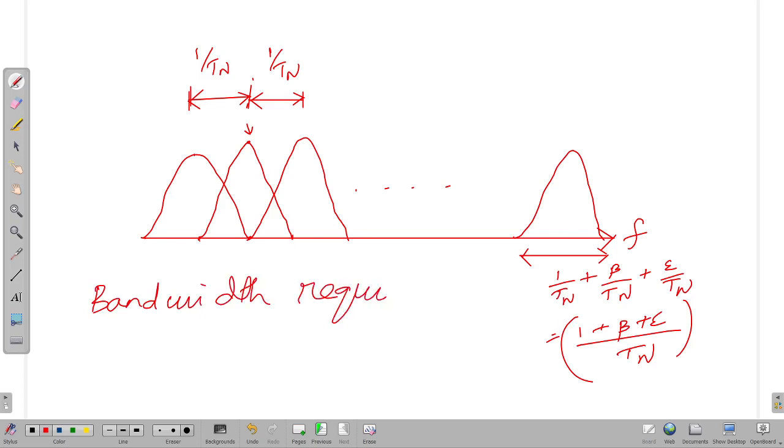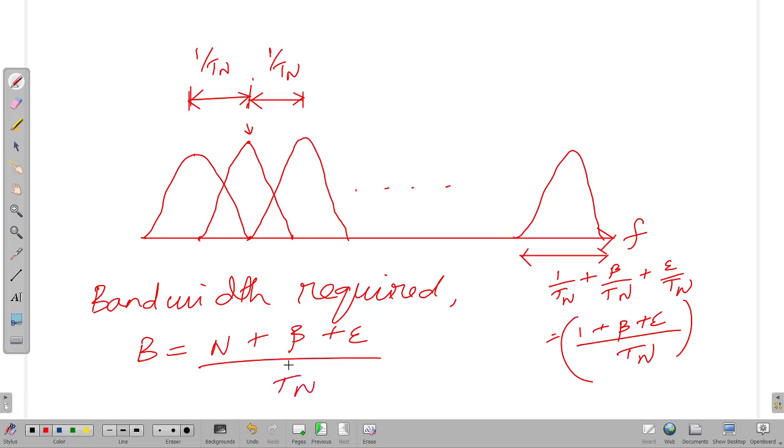As such, the bandwidth required when subcarriers are overlapping is this: you will have 1 divided by Tn up to the nth subcarrier, or you will have (n plus beta plus epsilon) divided by Tn.